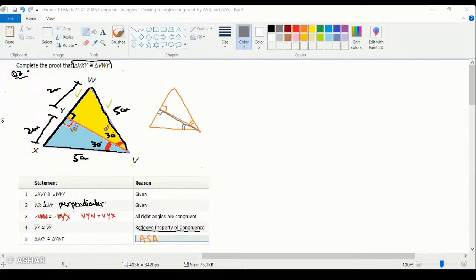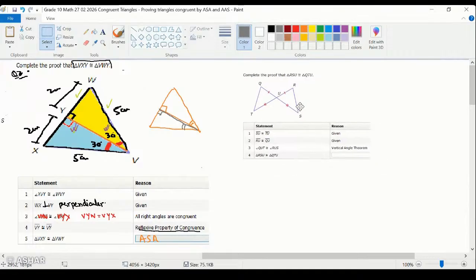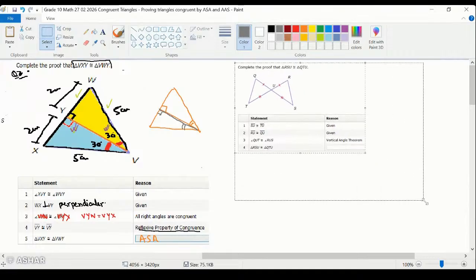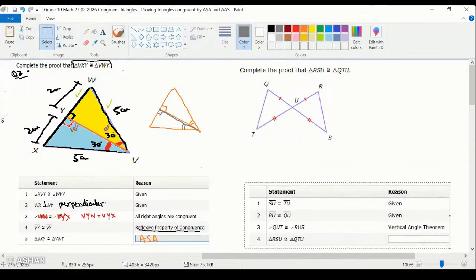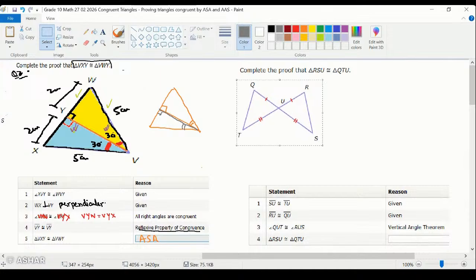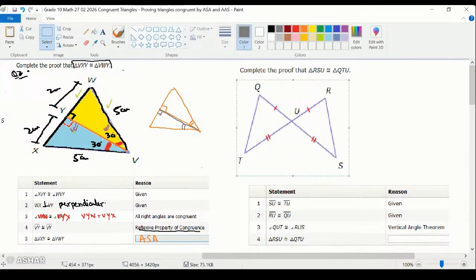In the next example, what they're saying is complete the proof that these two triangles are congruent, question number 3. The information has been provided to us. They're saying these are the same, equivalent. Let's resize, okay?